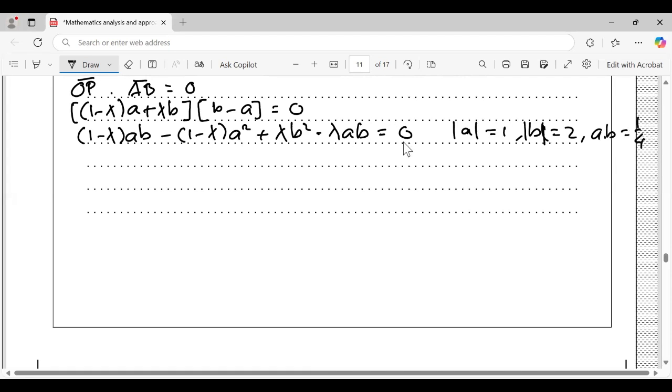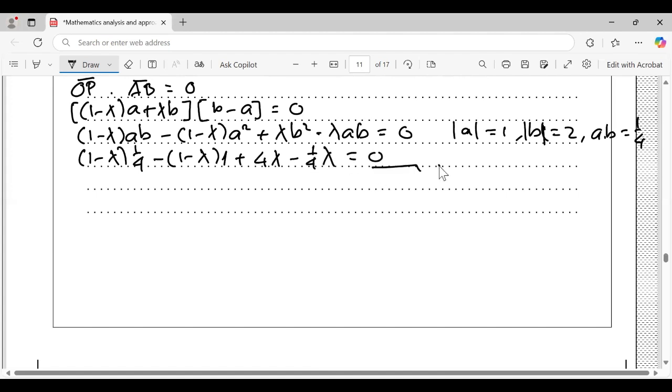Substitute into this equation: (1 minus lambda) times 1/4 minus (1 minus lambda) times 1, because 1 times 1, plus lambda multiplied by 4, 4 lambda, minus lambda times a dot b, which is 1/4 lambda, equals 0.